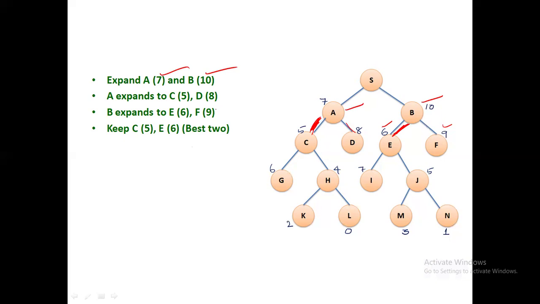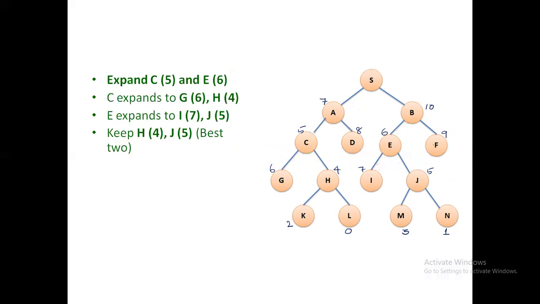So we are going to expand it. In the next step, if you are expanding C5, you are going to get G of 6 and H of 4. And if you are expanding E of 6, you get I of 7 and J of 5. I have given this in the next list.